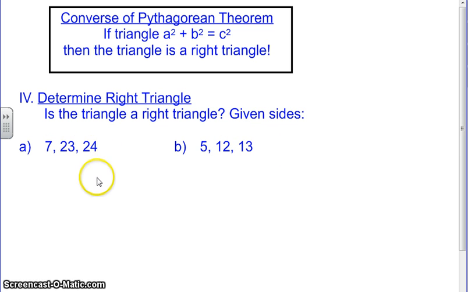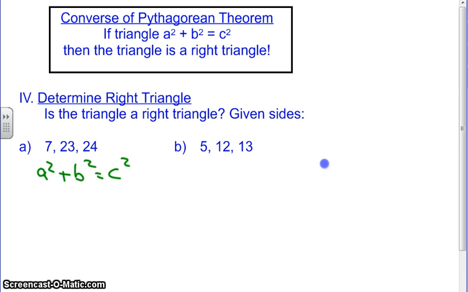Okay? So the questions down here are asking, do we have right triangles? If the 3 legs of a triangle are these dimensions, does it make it a right triangle? What about this one? So we're going to use the Pythagorean theorem to test. And you did this before in pre-algebra, right? There's one leg that is really specific.